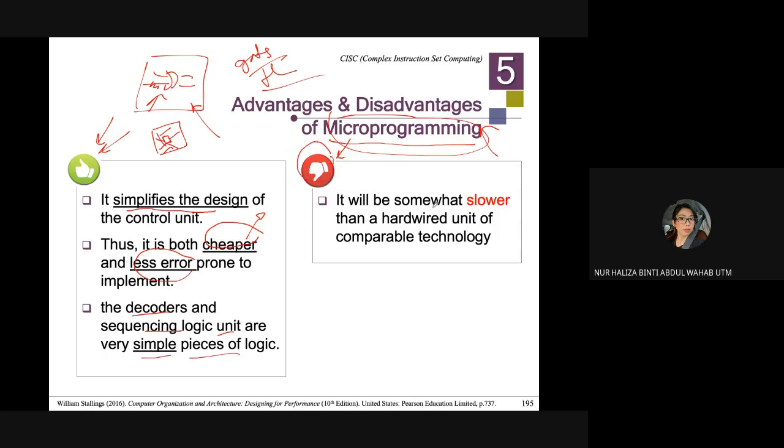And for disadvantages, you're going to see it is slower. Only one disadvantage: it might be slower compared to hardwire. But actually, when you run your programming, you cannot see what happened, you just see the output, and you think that, oh, your Visual Studio is very fast.